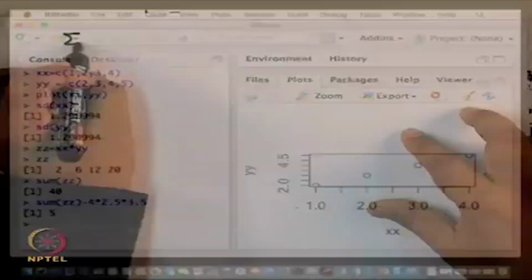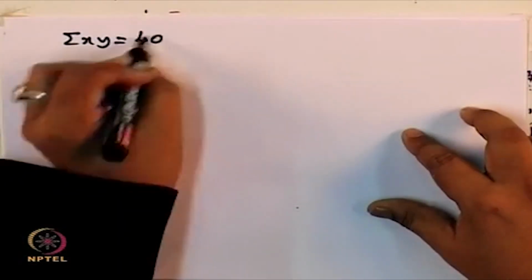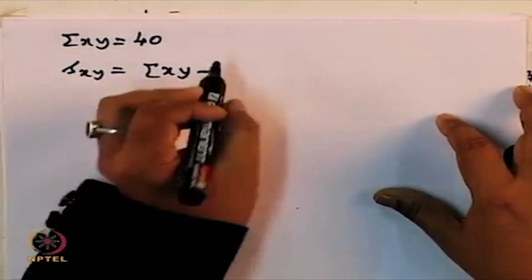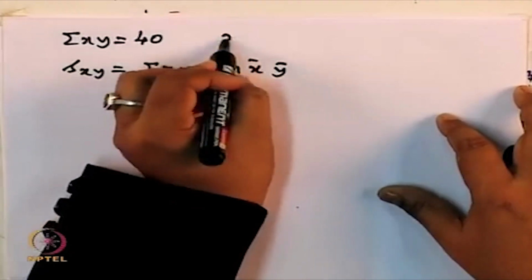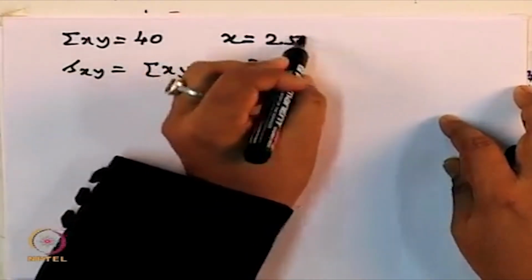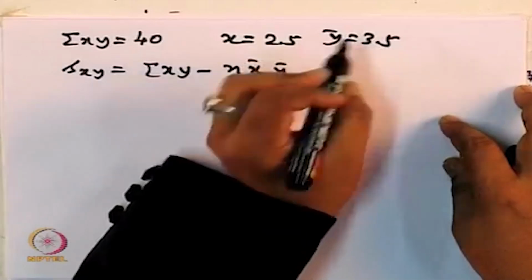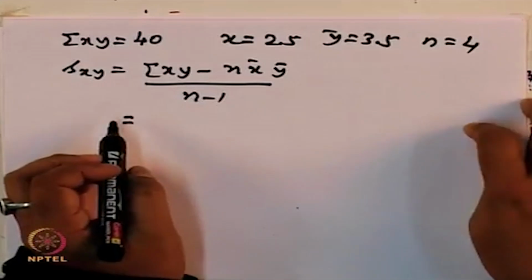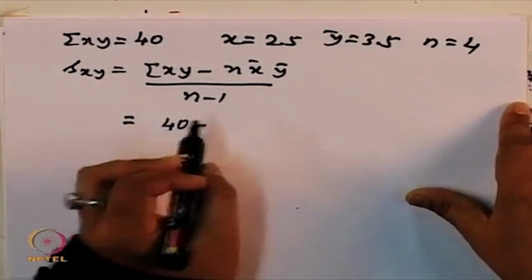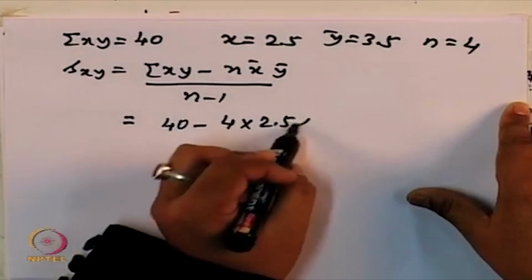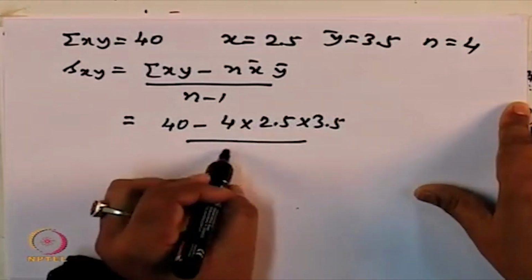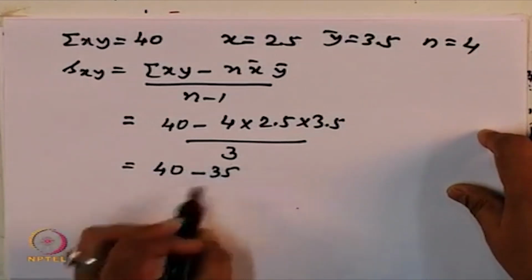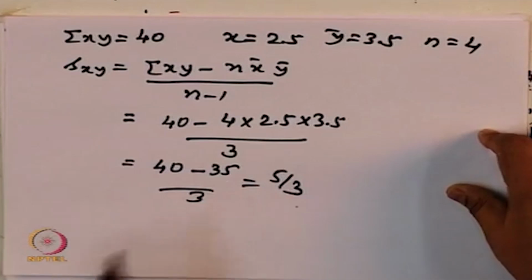So, I got summation xy equal to 40. Sxy is equal to summation xy minus n x bar y bar. I have calculated x bar equal to 2.5, y bar equal to 3.5, n equal to 4. So, Sxy is equal to 40 minus 4 into 2.5 into 3.5, divided by n minus 1, which is 3. That is 40 minus 35 by 3, equal to 5 by 3.